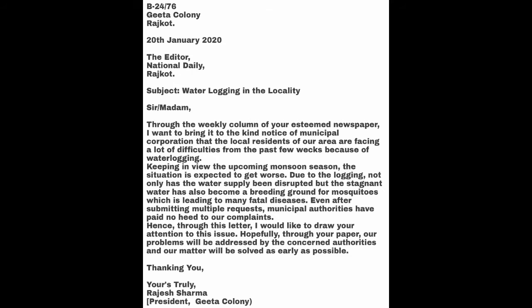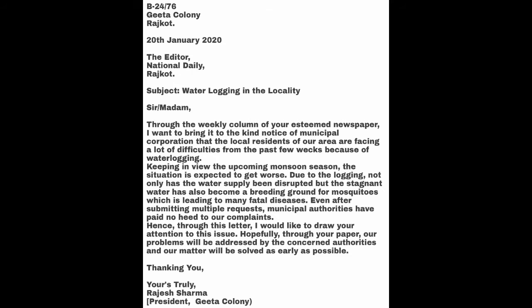So this is the receiver's address. First of all we have to write the sender's address, then the date on which we are writing the letter, and after that the address of the person who will receive the letter, after the date.